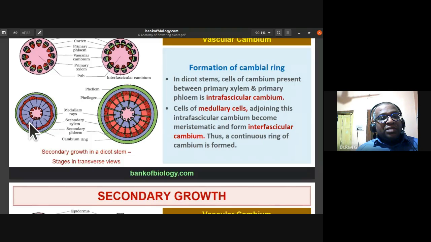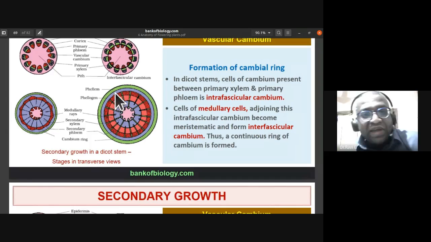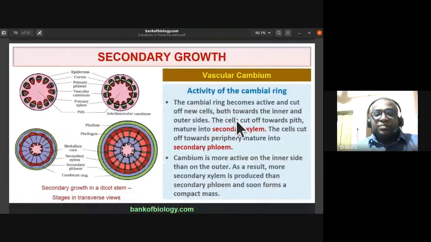The newly formed secondary phloem pushes the primary phloem towards the cortical region. During secondary growth, you can notice there is expansion. Finally, let us look at the activity of the cambial ring.